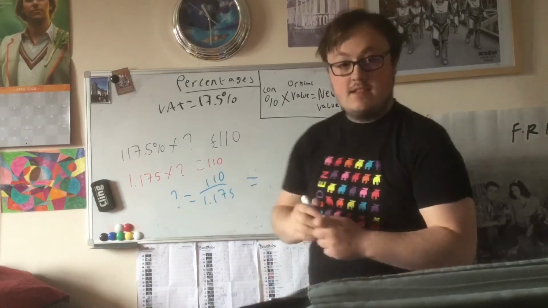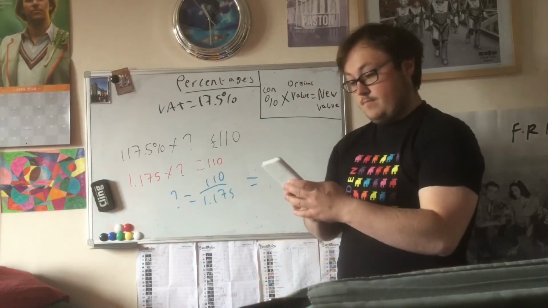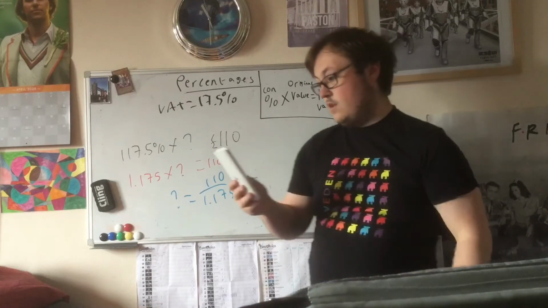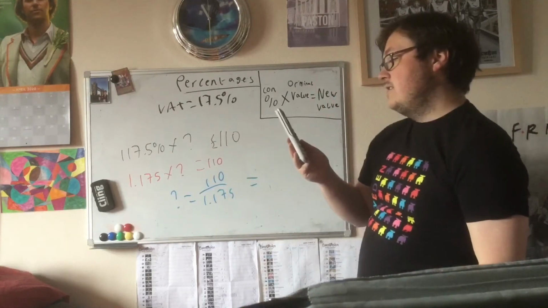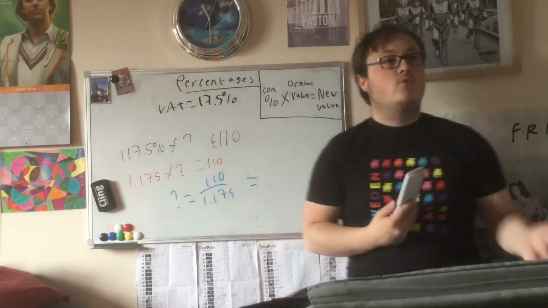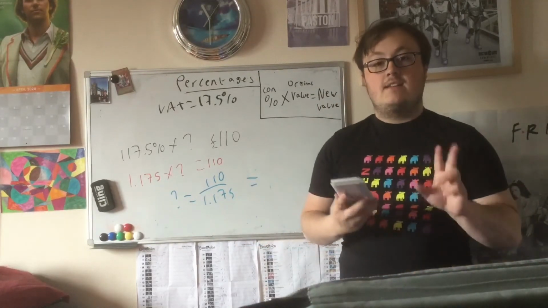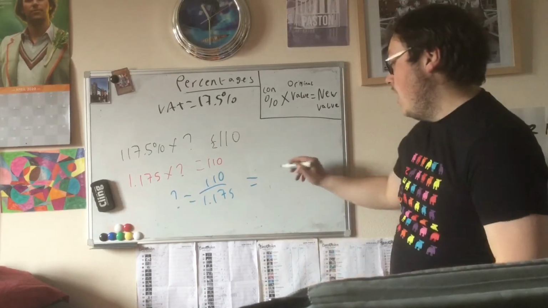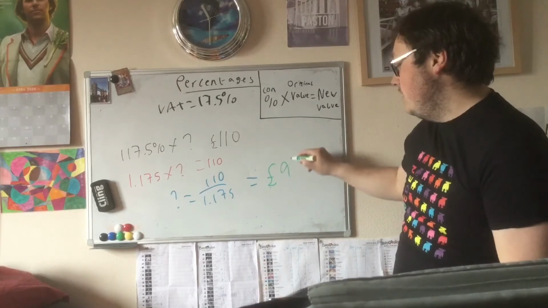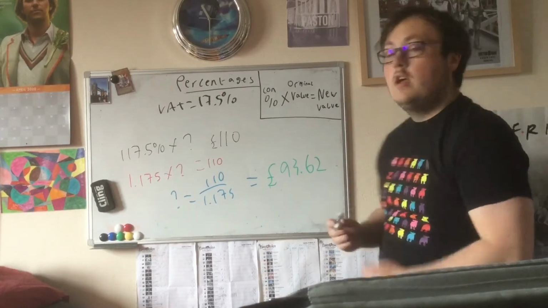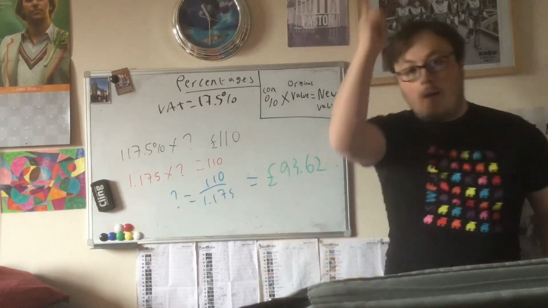And from that, we will get £93.617022128, which is a bit too long, and also we are using money here, so it has to be to 2 decimal places. So the correct answer with our pound sign is 93.62, because we're rounding it up.